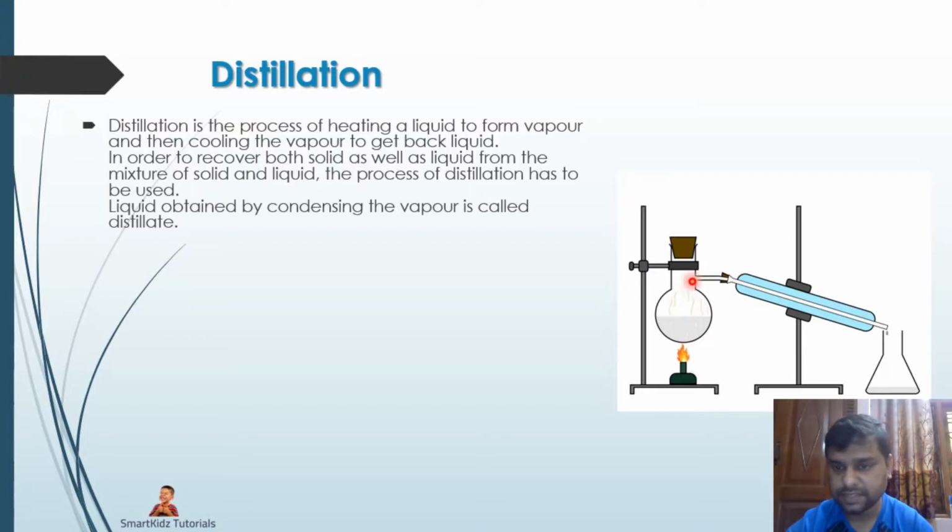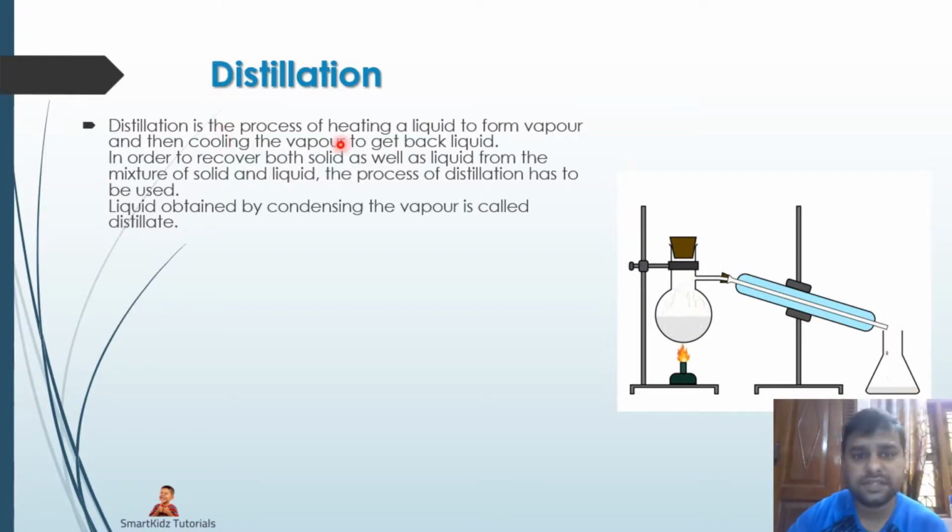As the vapors rise, they move through this pipe, which is fitted to a cooling water cylinder over here. As the vapors pass through this glass cylinder, they cool down and condense. As it condenses, the water drips and gets collected in this conical flask over here.